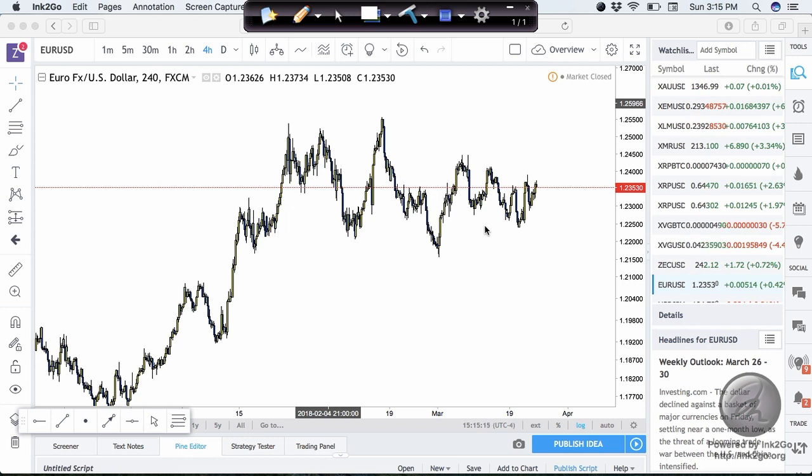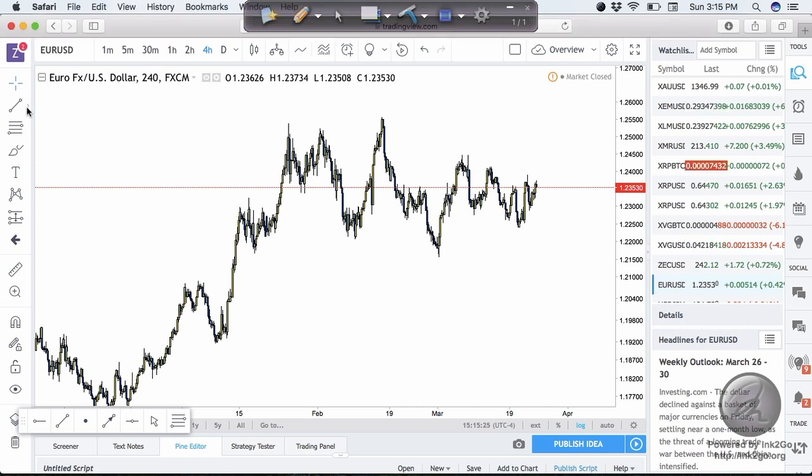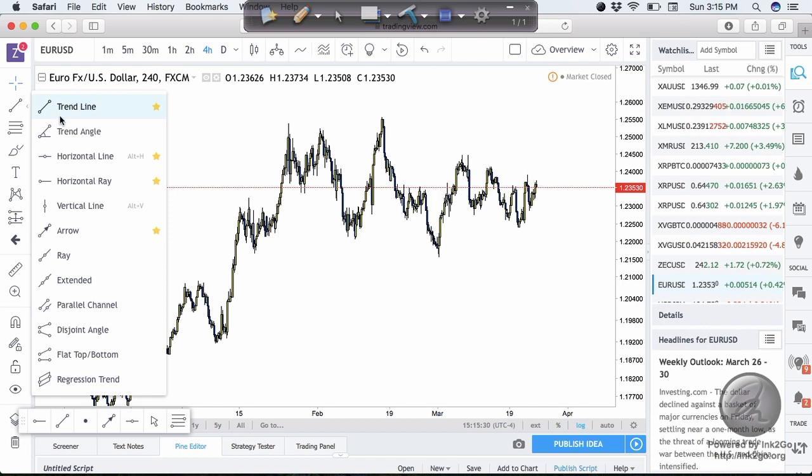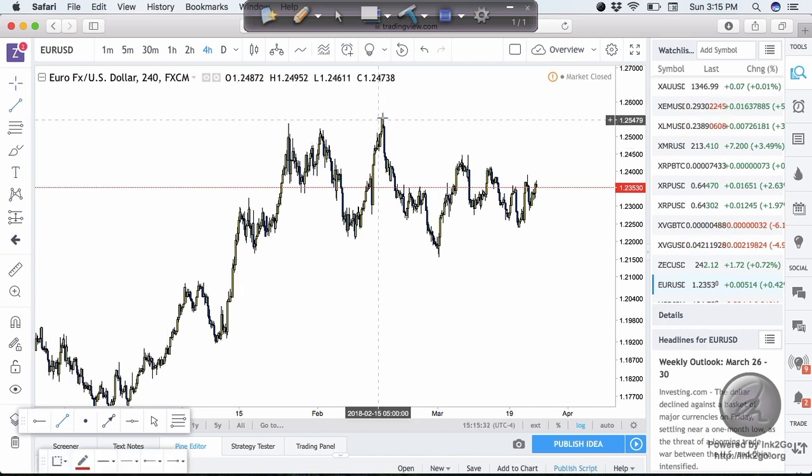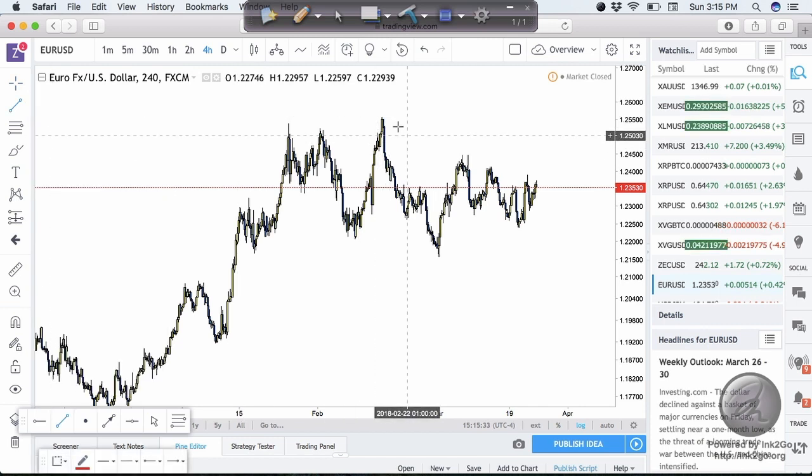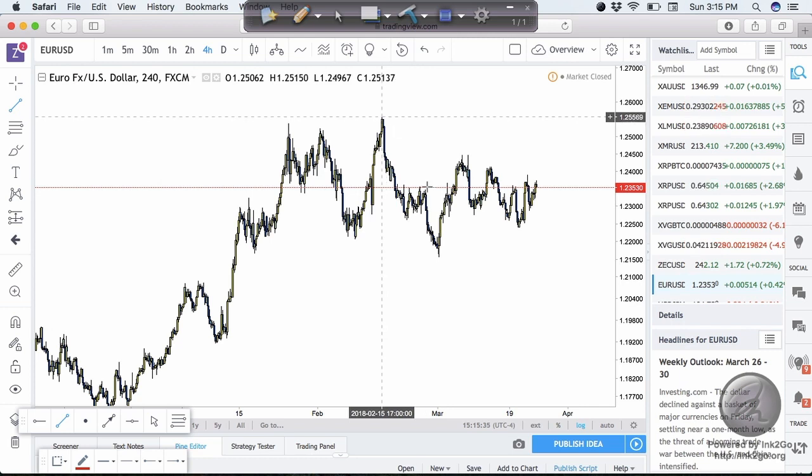So I'm going to show you an example of using price action right here on Euro USD. I'm going to use my trend line tool. I'll apply this from the high of Euro USD, bring it across, and connect it to the lower high.